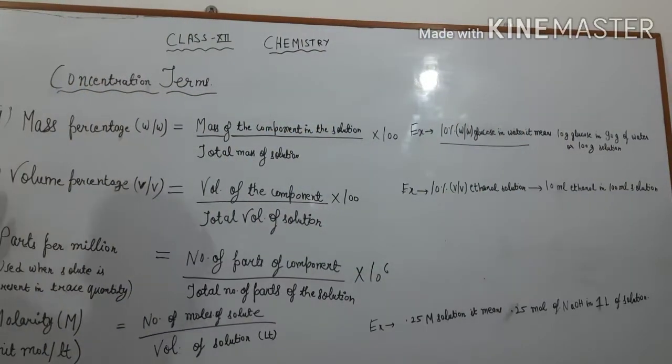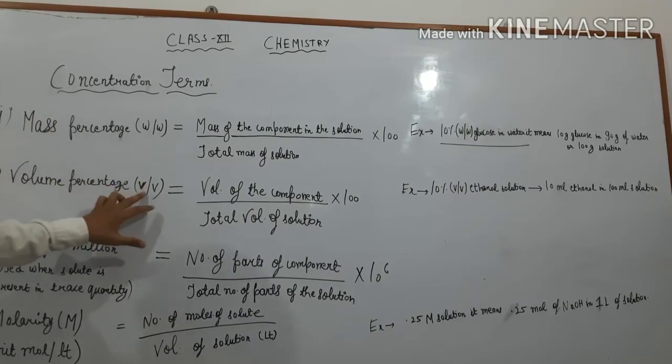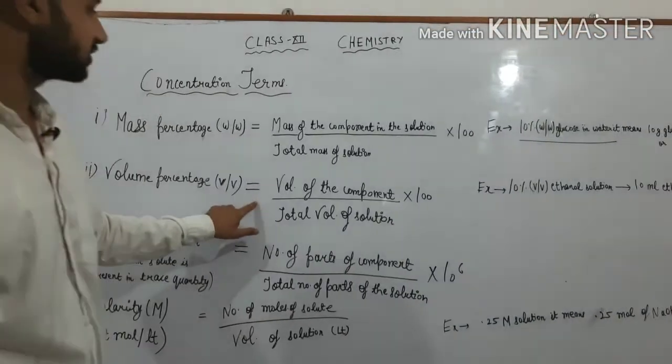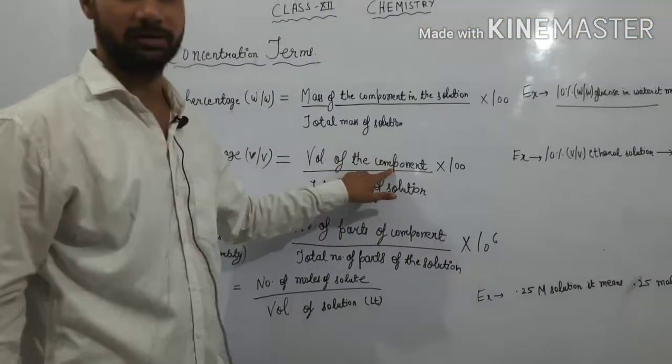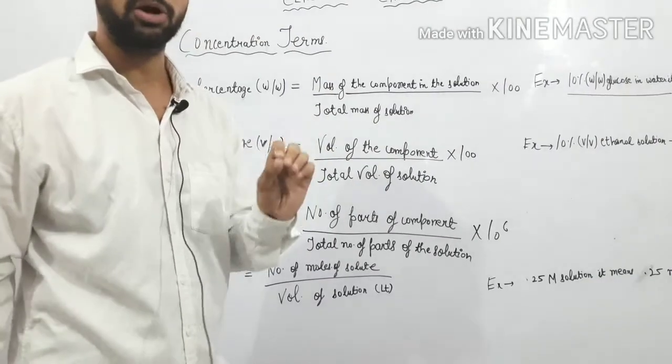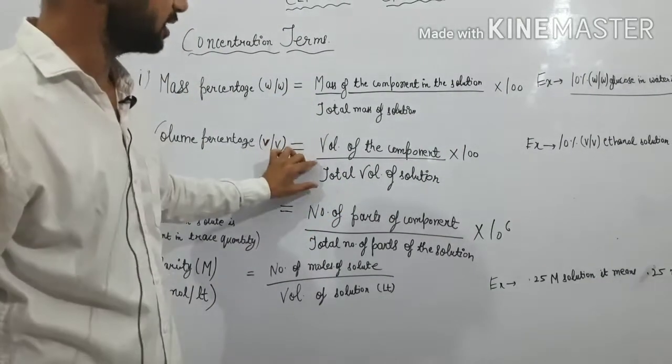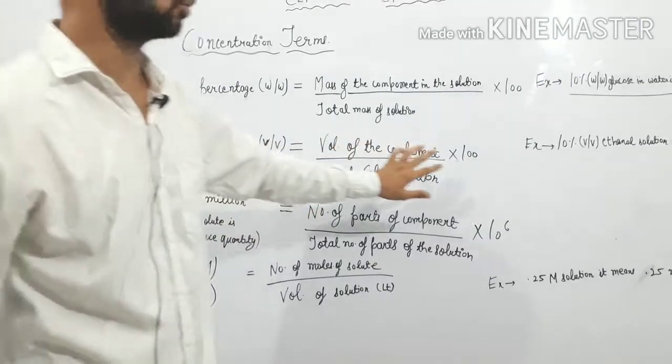Second, volume percentage. It is denoted by V by V, volume by volume. What is the formula? The volume of the component which we have to find, we put it first, divided by the total volume of the solution, into 100.